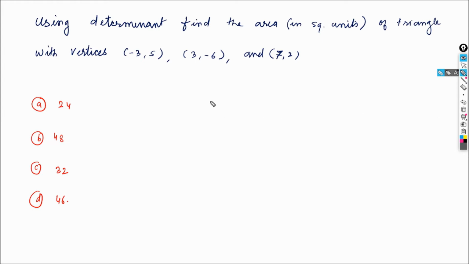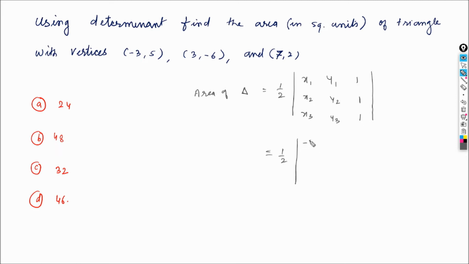So we know that the area of a triangle when its vertices are given is 1 by 2 into the determinant x1, x2, x3, y1, y2, y3, 1, 1, 1. So 1 by 2 into minus 3, 3, 7, 5, minus 6, 2, 1, 1, 1.